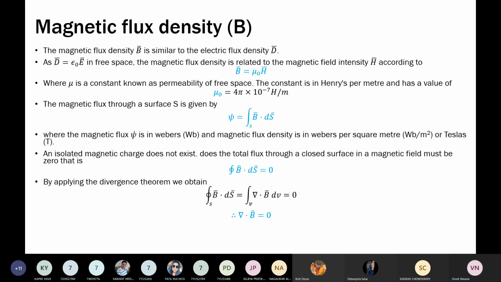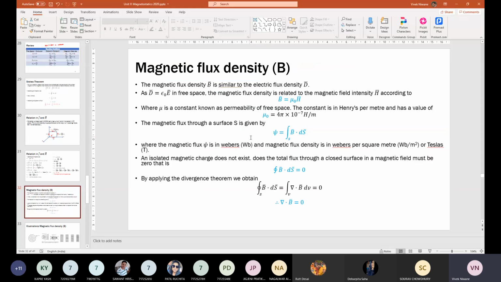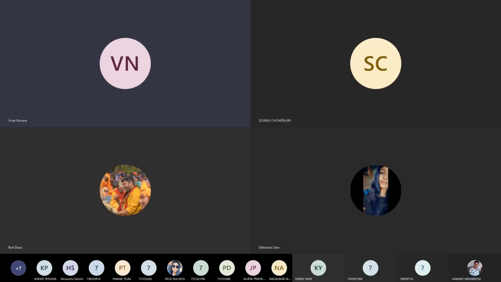Then we do have magnetic flux density. Now, we will not go for this part of the unit right now in this lecture. We will probably go with this part in the next session, but I want to go back to numericals.